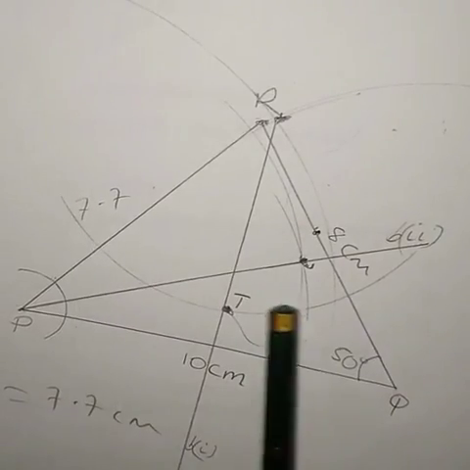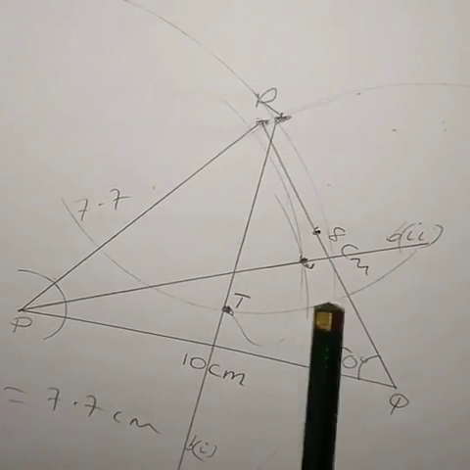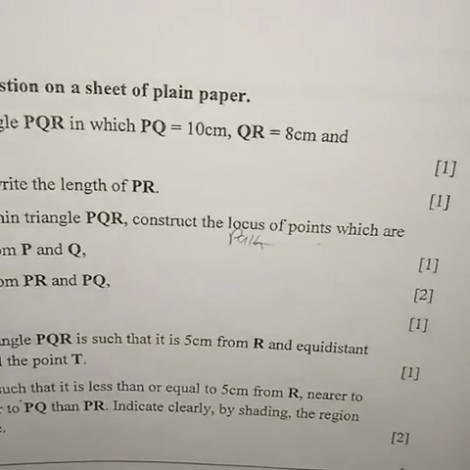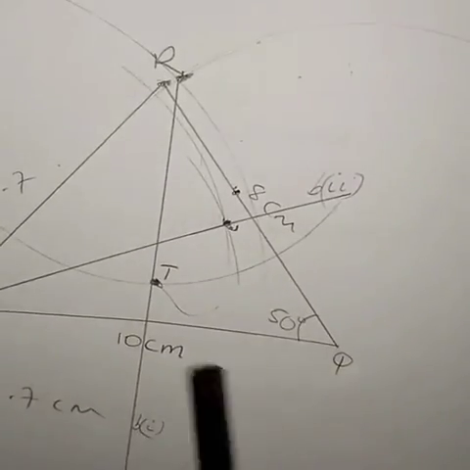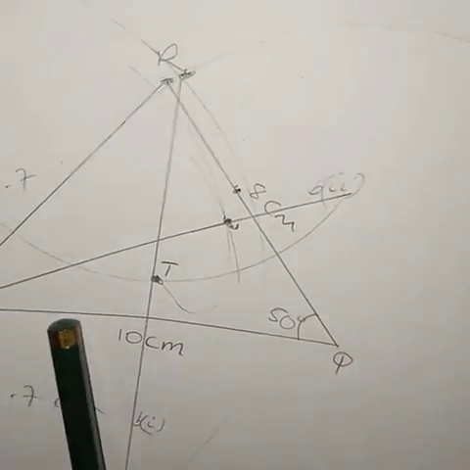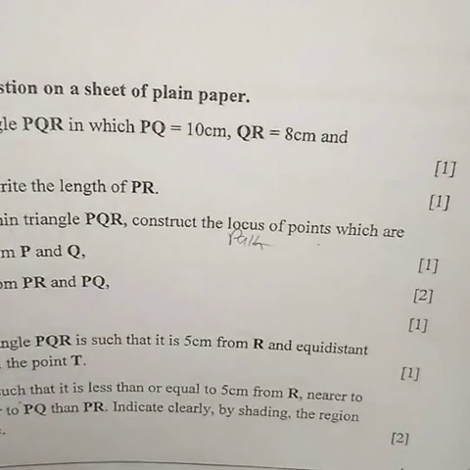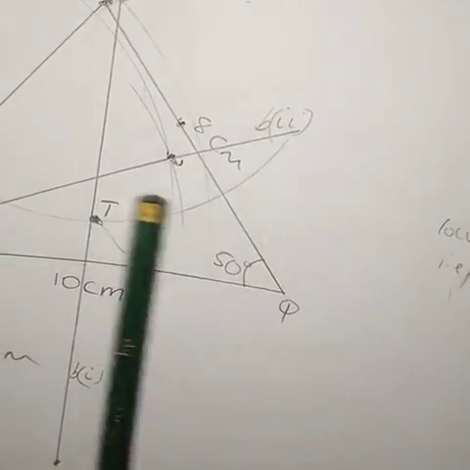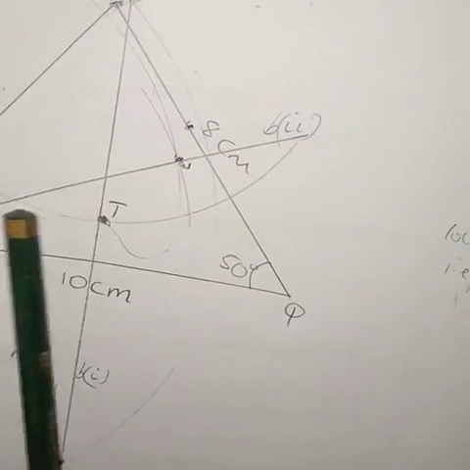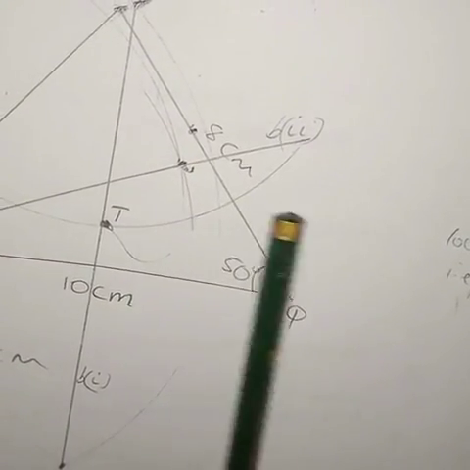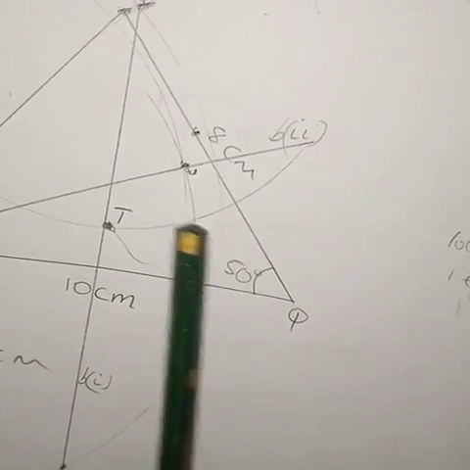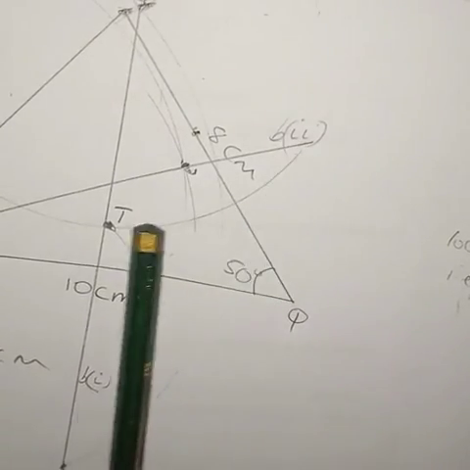Is this locus that we drew 5 centimeters from R. It is nearer to Q than P. It is closer to, see, it is closer to Q than P. Closer to Q, it means here, than P, meaning we won't target this part going this way. We won't, but we'll target here. You see, this part will be nearer to Q and also 5 centimeters from R. We read further.